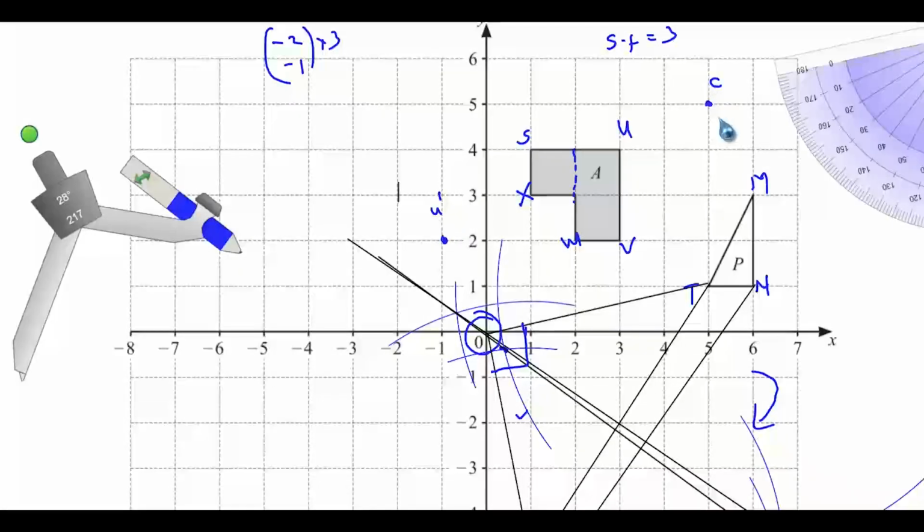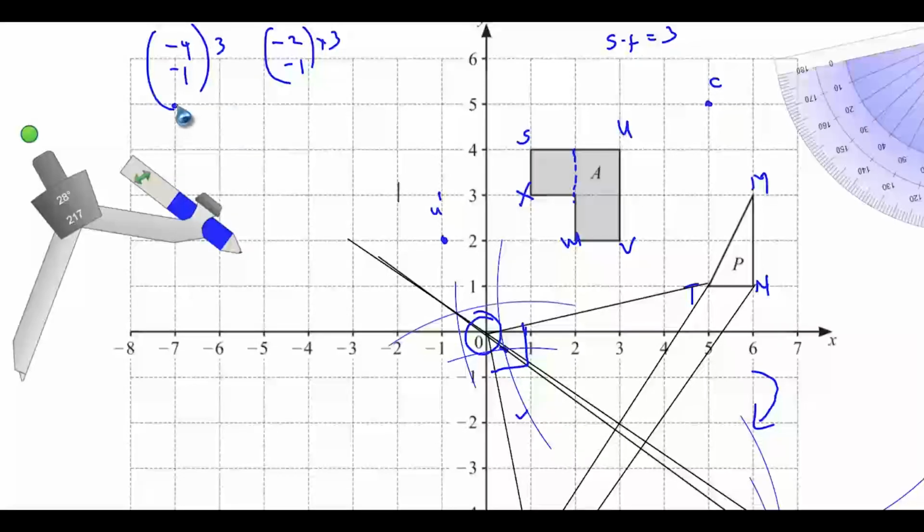From the center of enlargement again, let's count to point S. That will be 1, 2, 3, 4, that is negative 4. Then 1 down again, that is negative 1. You multiply by 3, so that will be negative 12 and negative 3. So let's count negative 12. You count 12 to the left hand side: 1, 2, 3, 4, 5, 6, 7, 8, 9, 10, 11, 12.